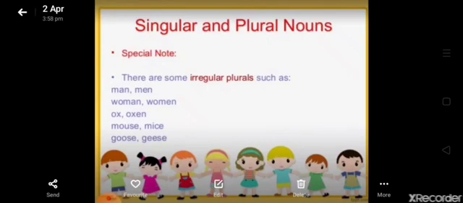Because these are irregular plurals. We have to make the irregular plurals. Man is men, woman is women, ox is oxen, mouse is mice, goose is geese, foot is feet, tooth is teeth, and child is children.